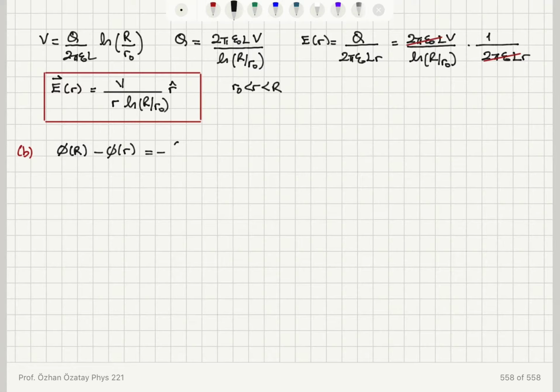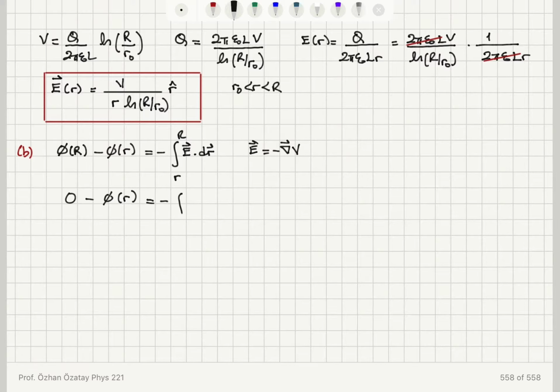This is minus the integral from r to capital R, E dot dr, because the electric field is minus the gradient of the potential, so that's what I'm using here. The potential at capital R is 0. Potential at R equals lowercase r is what I'm trying to find.